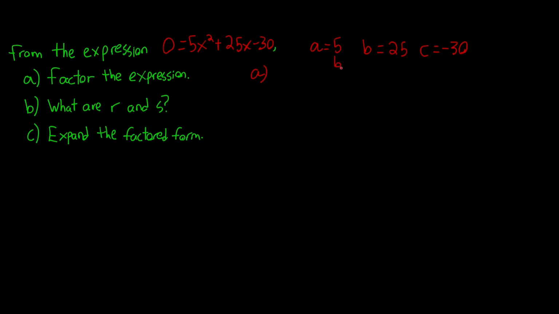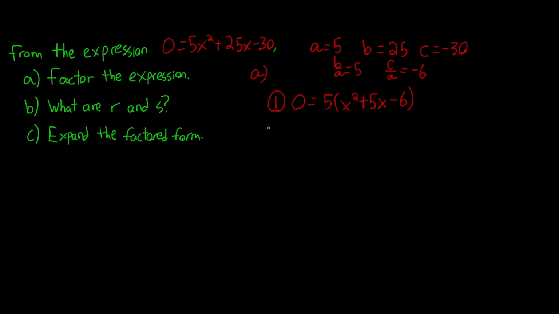This is going to give us b over a is equal to 25 divided by 5, which is 5. And c over a equals negative 30 divided by 5, which is negative 6. So I get that for step 1, 0 is equal to 5(x squared plus 5x minus 6).